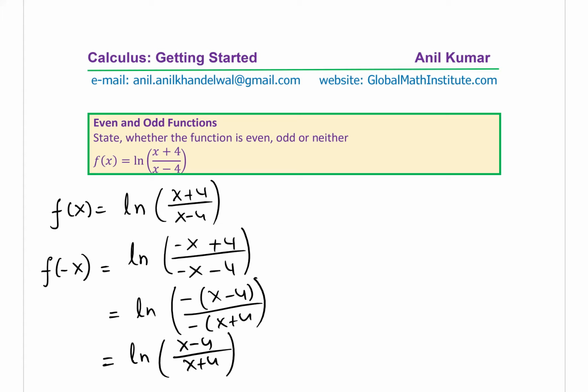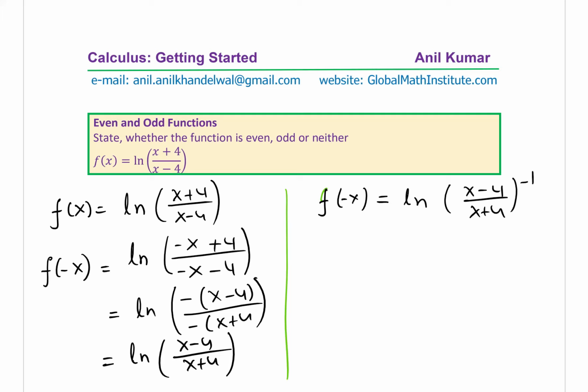But in the given question, what do we have? We have the other way, right? So we can say that f of minus x is equal to ln of (x minus 4 over x plus 4). If we flip this, it could be to the power of minus 1. So it equals minus ln of (x plus 4 over x minus 4), because we flipped it.